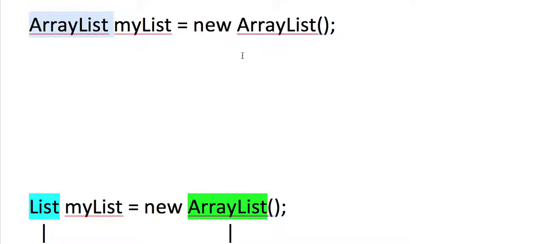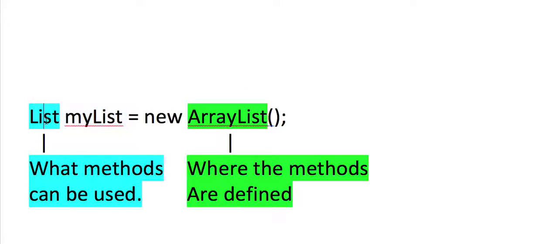Okay. So we're going to have a list here as a type. The name is my list, and then we create a new ArrayList data object to put into the variable of type list. What does that mean for us effectively? Well, that means that list gives us the rules for what methods can be used.